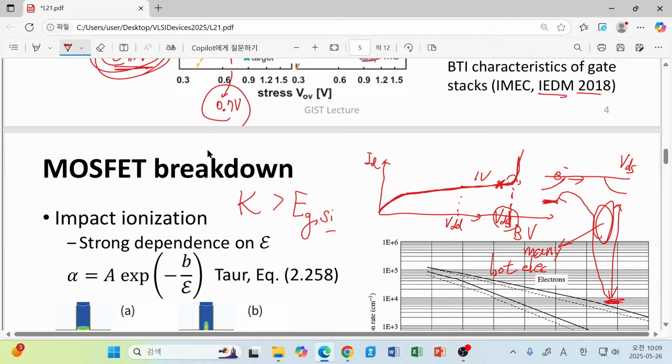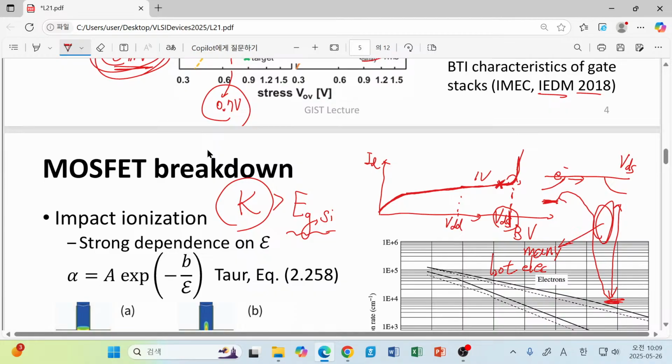Now let's say that, of course, this generation of a hot electron is quite a low probability event. Among many electrons, some of them become hot and happen to have energy exceeding the silicon's band gap energy.